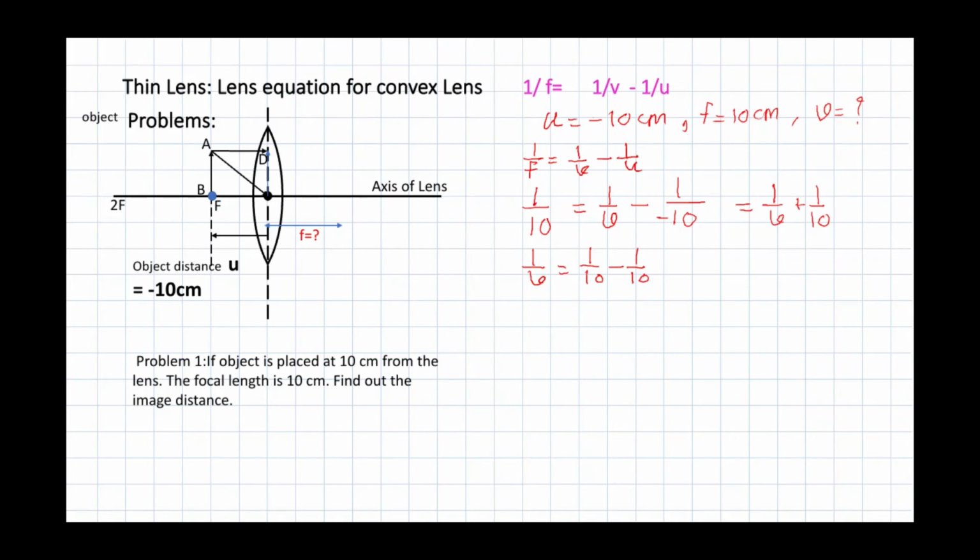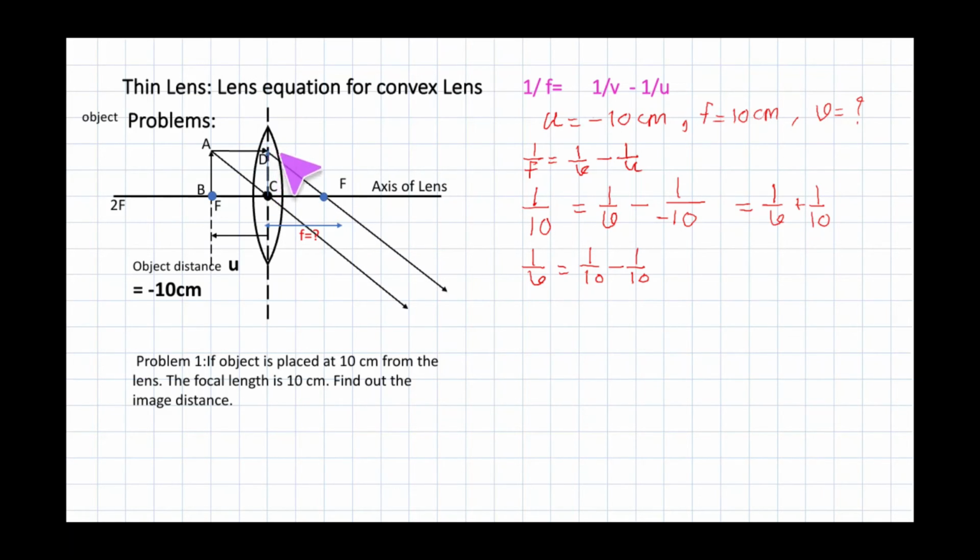So once this is the case, where the image will be formed, that you understand. See, this is an object. When rays travel, this is a parallel ray, and this is another ray which is passing through the center. Once it reaches here, it refracts and passes through the focal point.